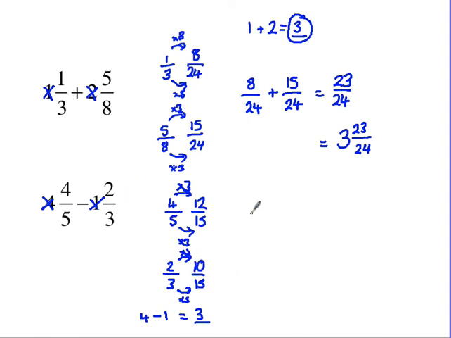Remember, we're subtracting, so I'm going to have 12/15, which is what 4/5 was, minus 10/15, which is what 2/3 was. So 12 take away 10 gives me 2. Of course, it's still over 15. And I'm just going to bring in the whole number answer from the 4 take away 1 part. So I've got 3 and I've got 2/15.